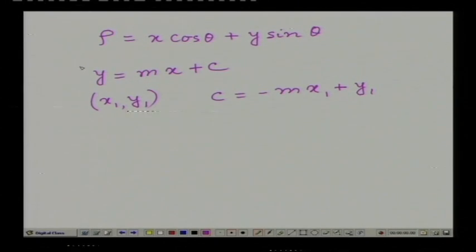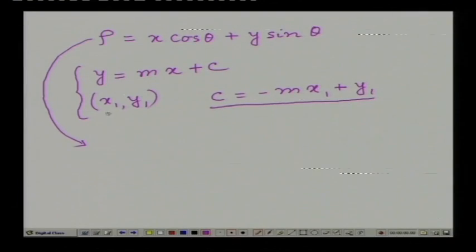So, when we consider the parameter space to be MC space, or we represent a straight line in the slope intercept form, in that case a point is mapped to a straight line in the parameter space.